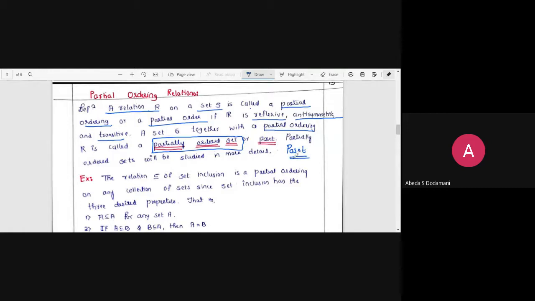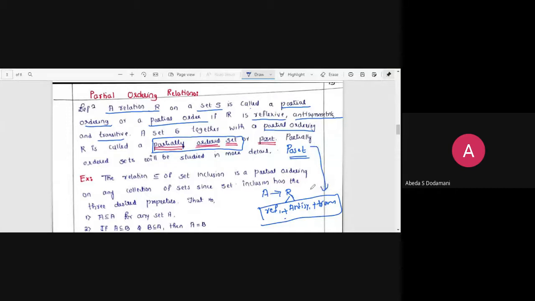So what we are supposed to understand here is that there is a set A on which we have a relation R, and this relation R must be reflexive, anti-symmetric and transitive. If all these three conditions are satisfied, then we say that the given set along with the given relation is a partially ordered set, or poset.